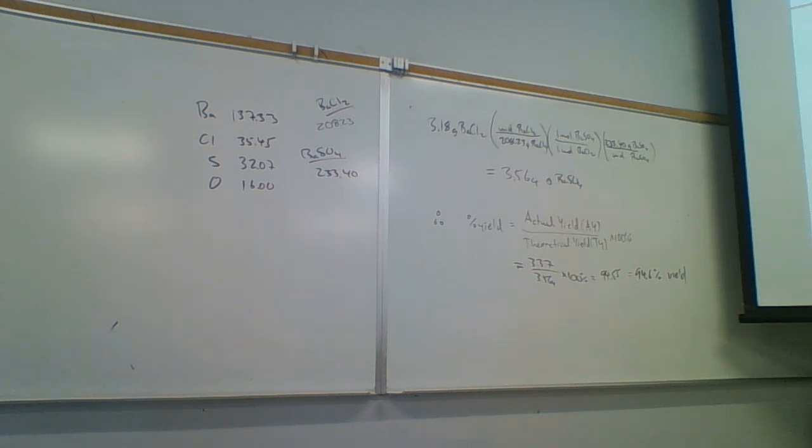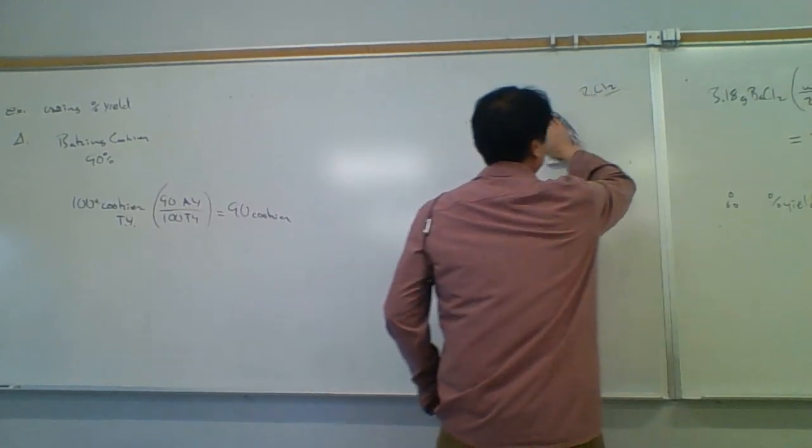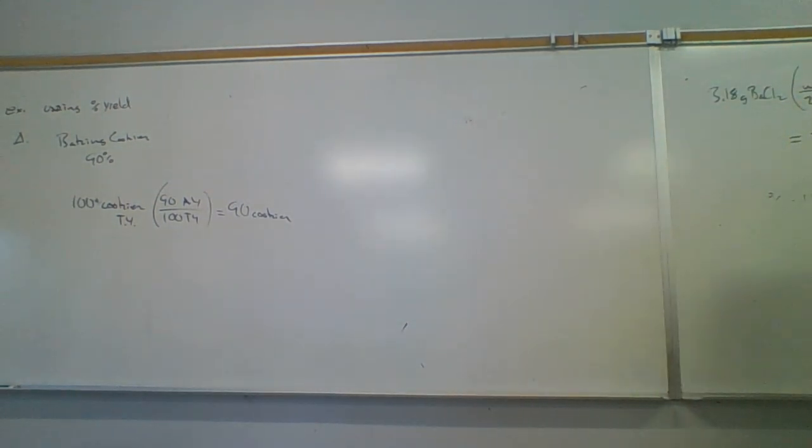If you want to bake 100 cookies, your recipe is for 100 cookies, but you're only going to end up with how many? Well, you're only going to end up with 90 actual over every 100 theoretical. So if we set out to bake 100 cookies, we're only going to end up with 90 cookies. What happened to the other 10? Well, you might have gotten hungry or something. Lots of reasons.